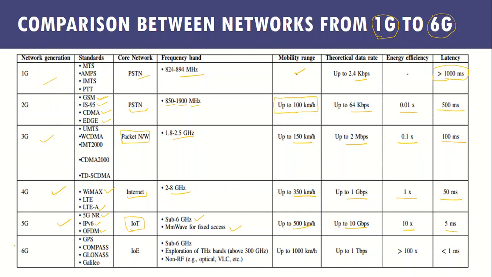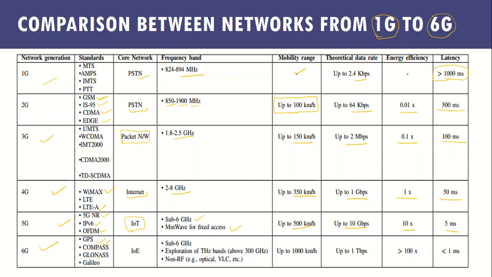In 6G, the current network, the standards are GPS, Global Positioning System, to detect the accurate position of any terminal, Compass for directions, and GLONASS, the Global Navigation Satellite System, to detect the accurate position.